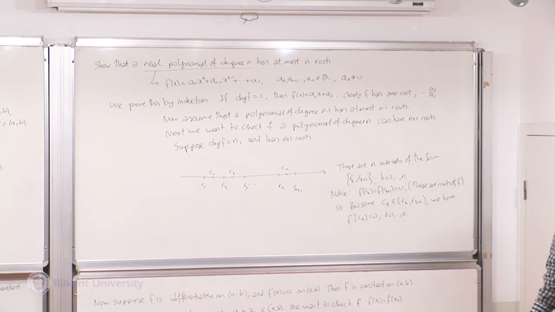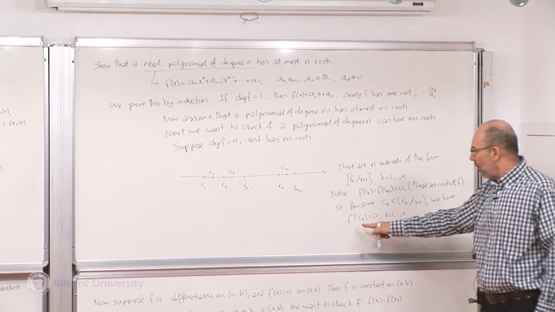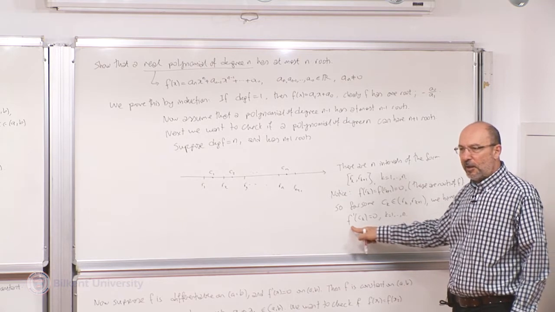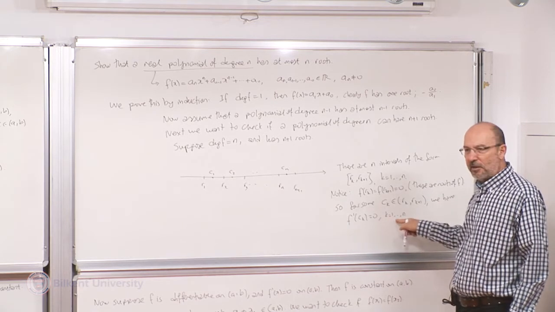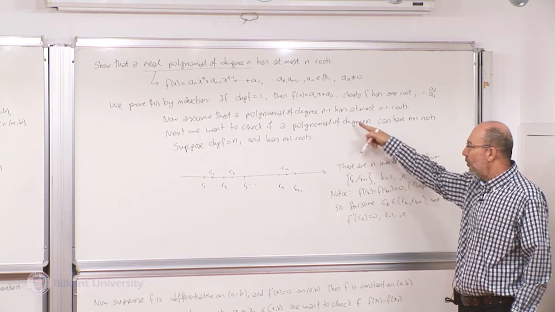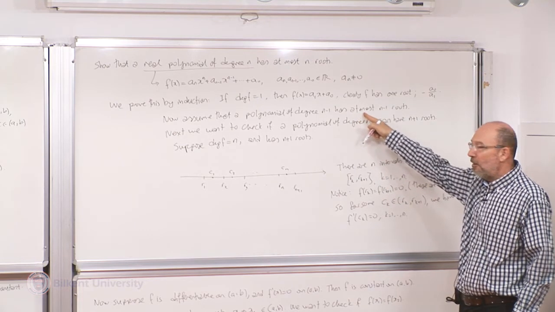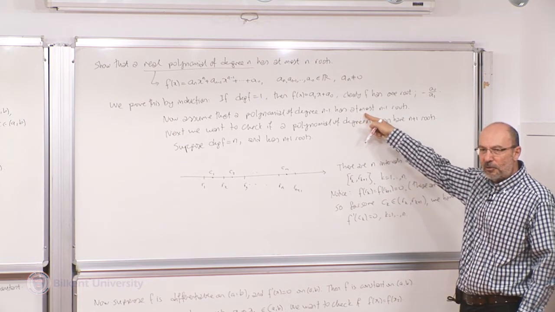But if f is a polynomial of degree n, f prime is a polynomial of degree n minus 1, and we showed that it has n roots. Our induction assumption was that it can have at most n minus 1 roots. That's a contradiction.